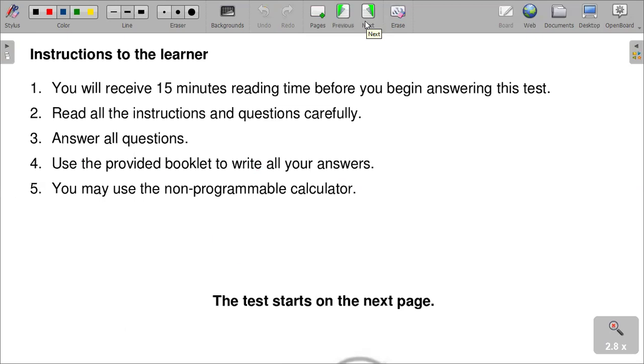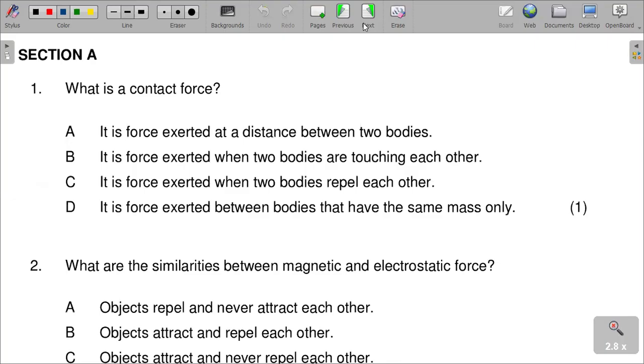When you are writing exam, you are always recommended to use blue or black pen and don't use any other colors in the exam.